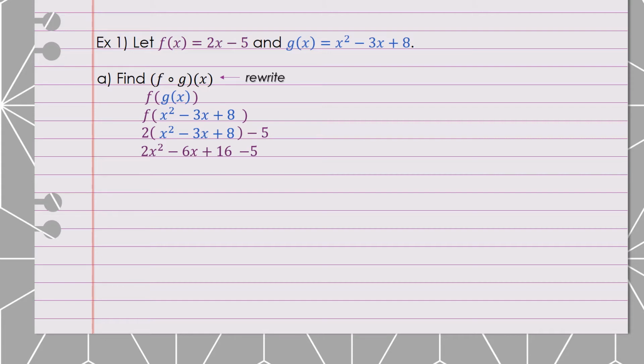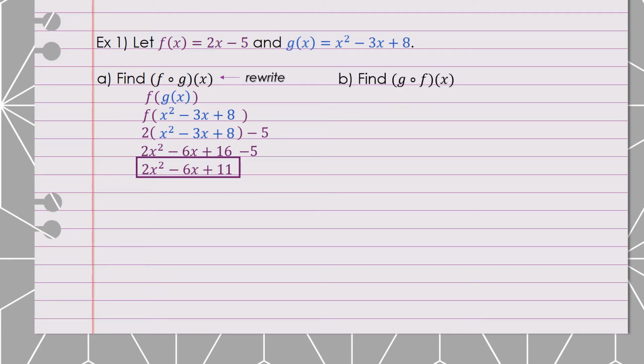Since there's no more multiplication division, we're ready for subtraction addition. And notice you do have some like terms, your constants. It all combines to give you 2x squared minus 6x plus 11, and that would be your final answer.